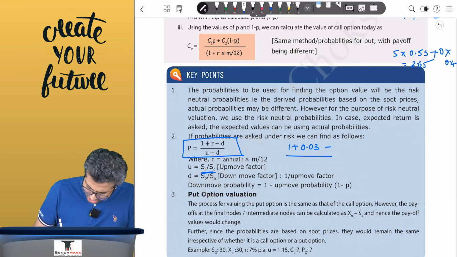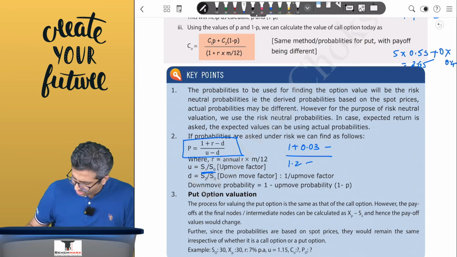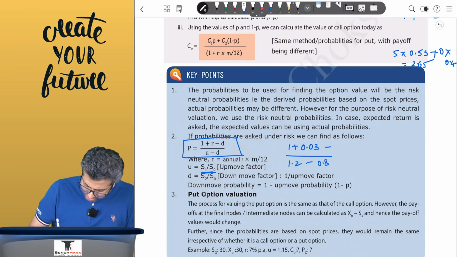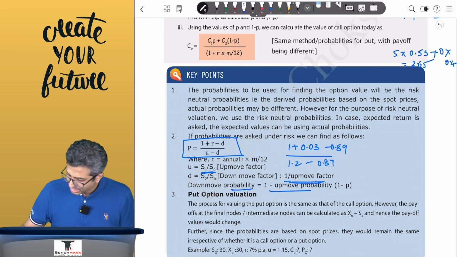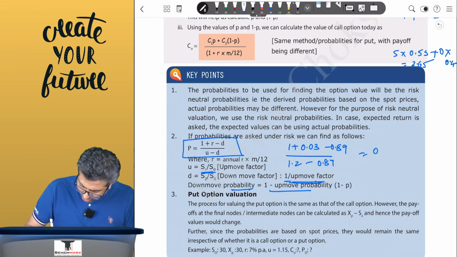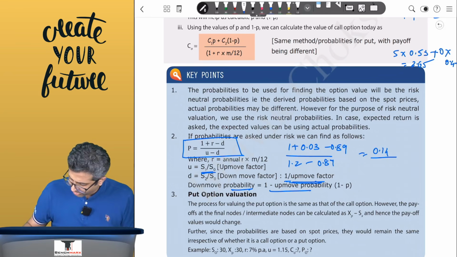So this is 1.2 minus, if I take the inverse of this, if I am not wrong, this is 0.89 something, so this is minus 0.89. The down move probability is 1 minus the up move probability, and the down factor is 1 upon the up move factor. So this is 1.03 minus 0.89 comes to 0.14, upon 1.2 minus 0.89, which comes to 0.31.